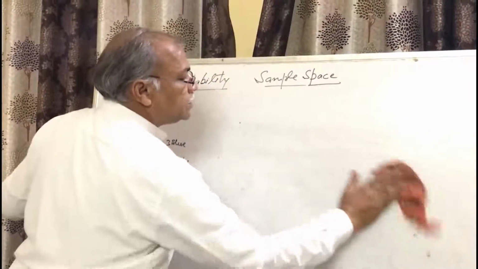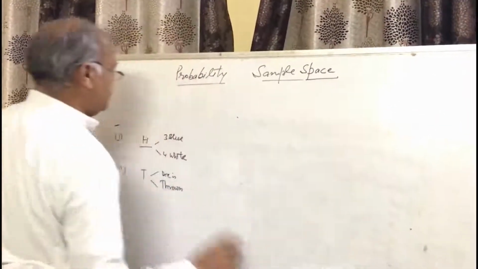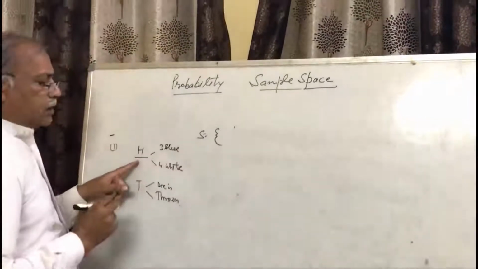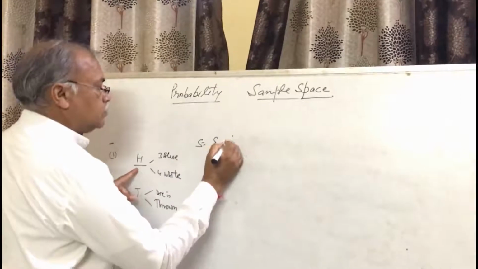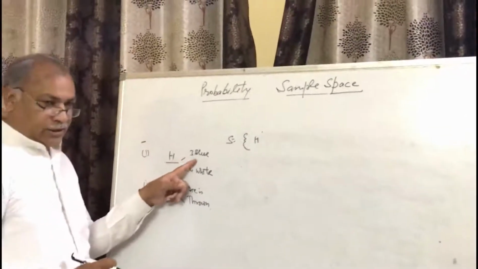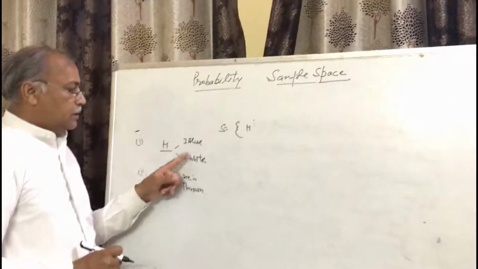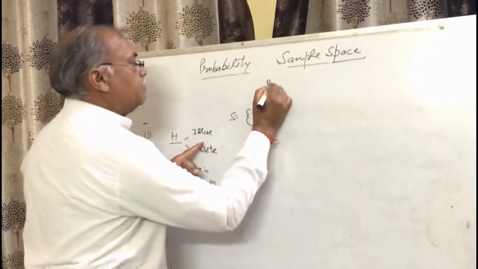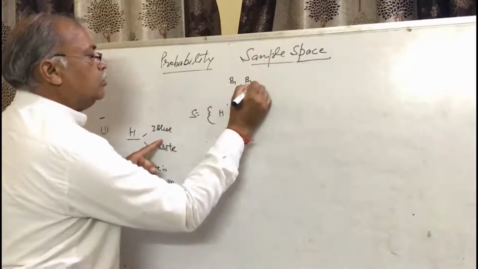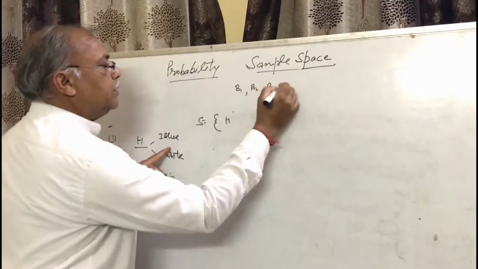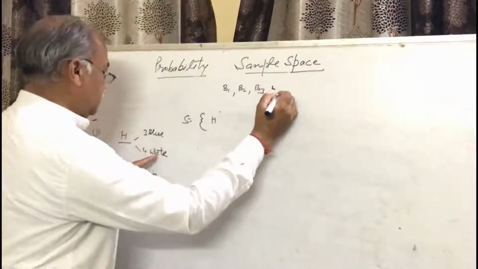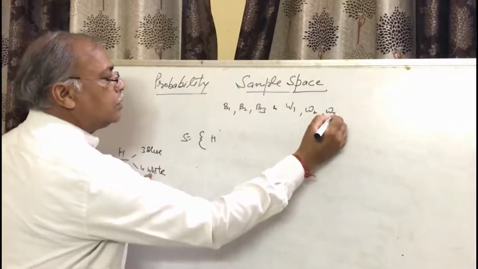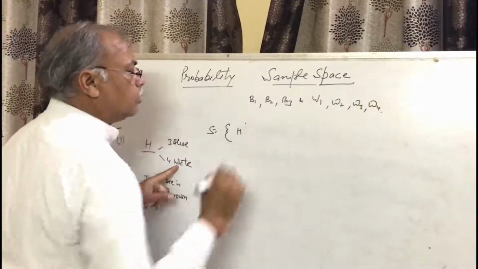Let us assume that this is the sample space. Head comes, then there are 3 blue and 4 white. Blue balls are represented as B1, B2, B3, and white balls are W1, W2, W3, W4.